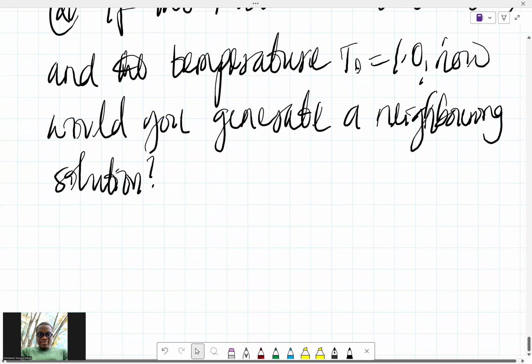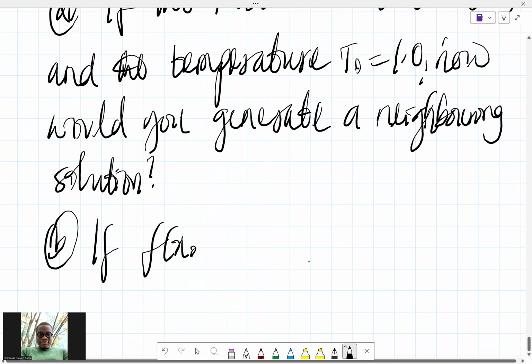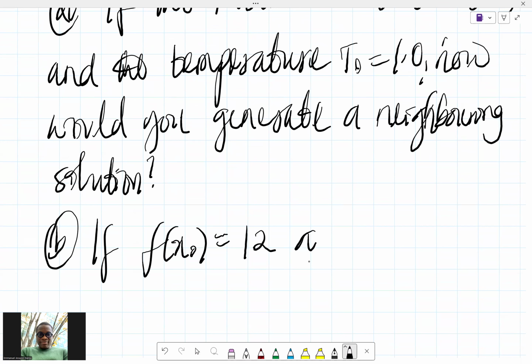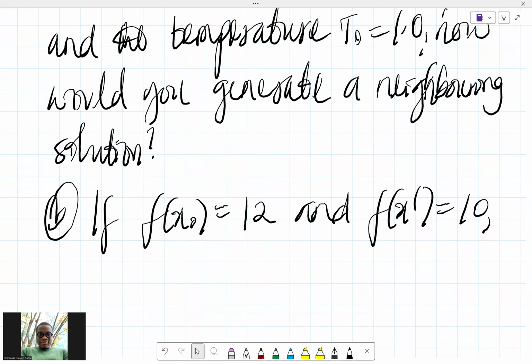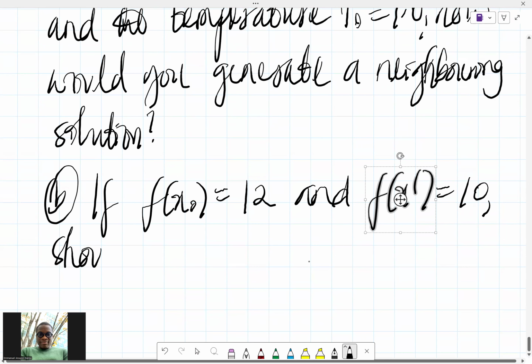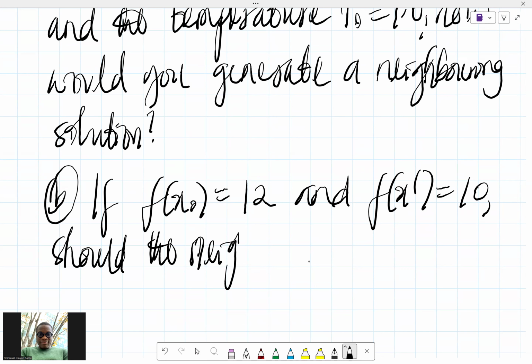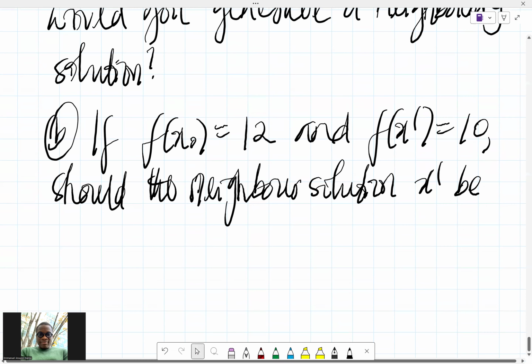That's the A part. And B, now, if f(x0) is equal to 12 and f(x') is equal to 10, should the neighbor solution x' be accepted?